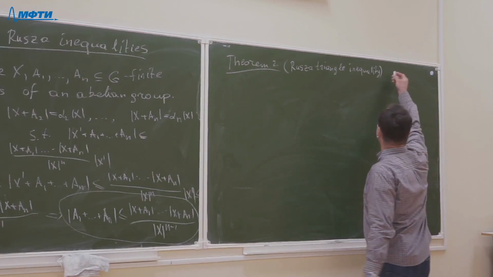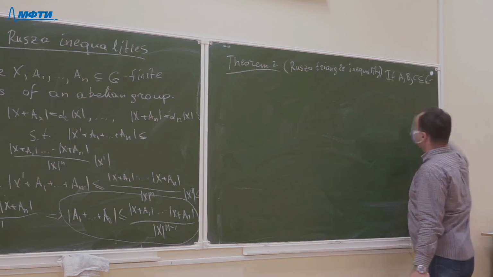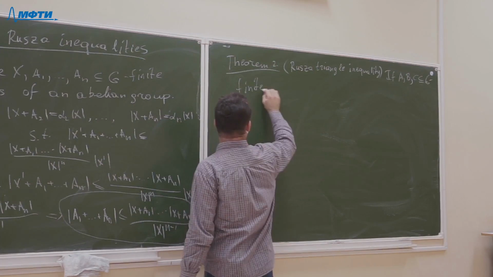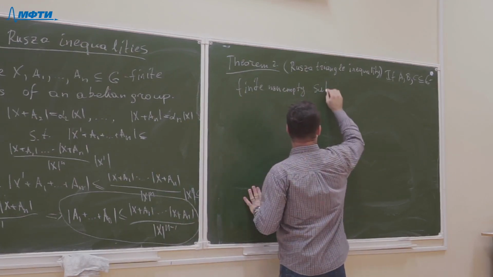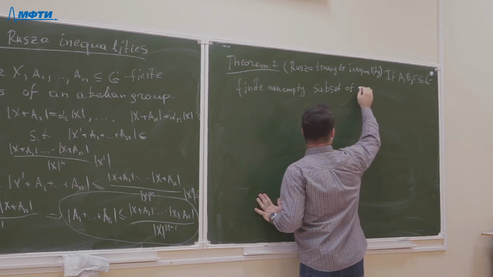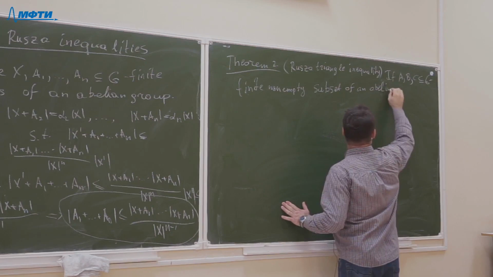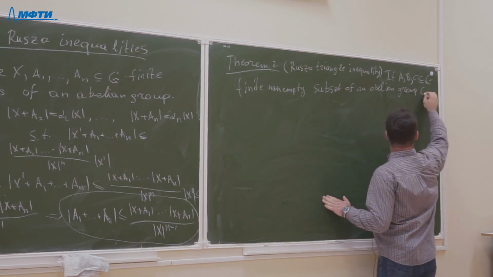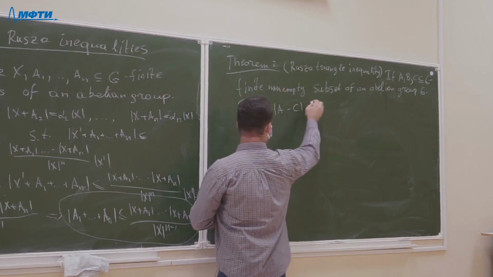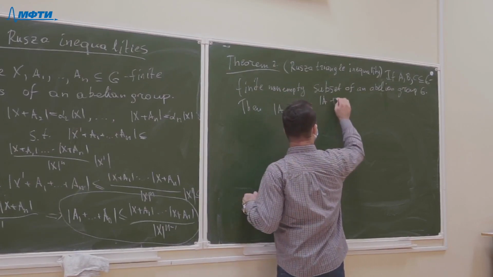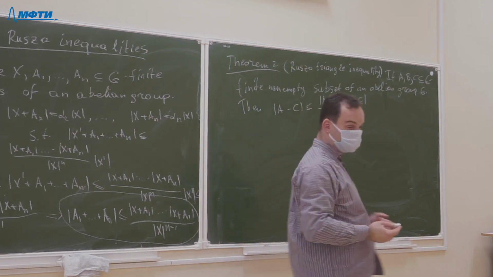The Ruzsa triangle inequality says: if A, B, C are finite non-empty subsets of an abelian group G, then the size of A minus C is at most the size of A minus B times the size of B minus C, divided by the size of B. Just like that.